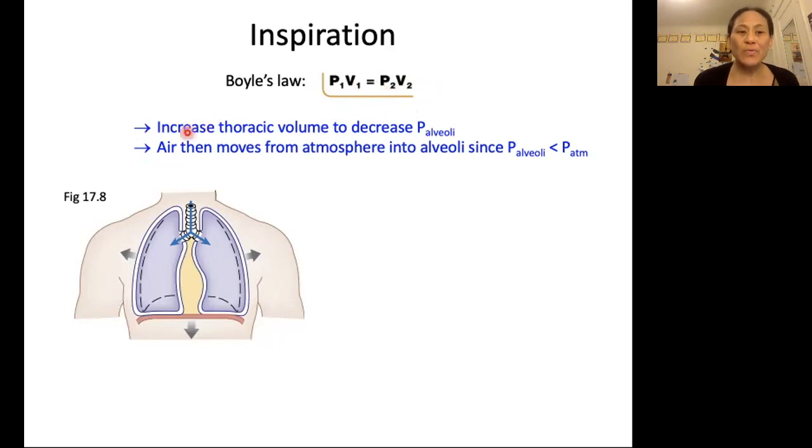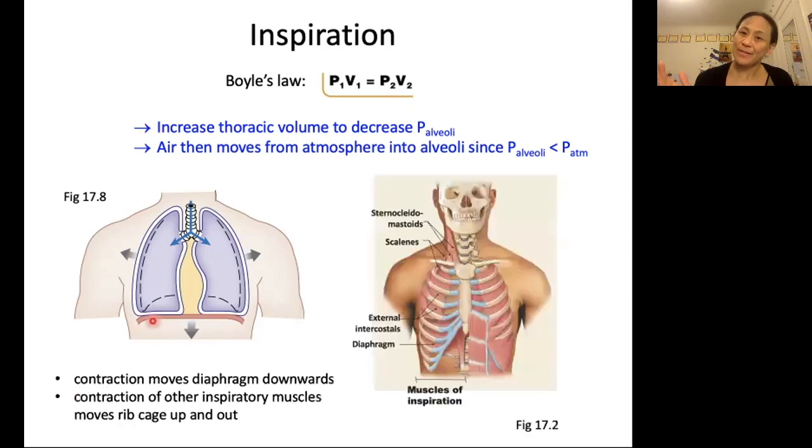Once we increase the thoracic volume, that's going to decrease the pressure in our alveoli, and then that's going to allow air to move down its pressure gradient from the atmosphere, where the pressure is higher, into our lungs, where the pressure is lower. How do we actually physically change the volume of our thoracic cavity? We use our respiratory muscles.